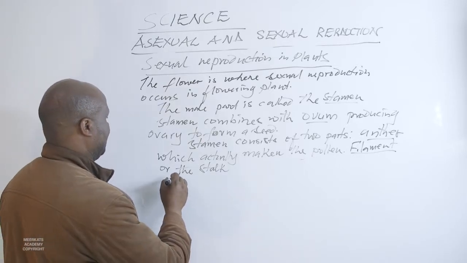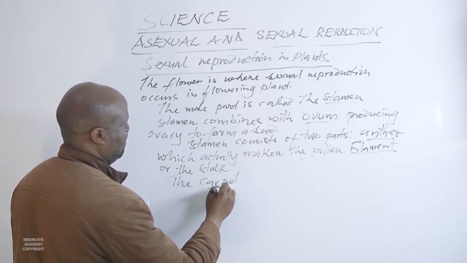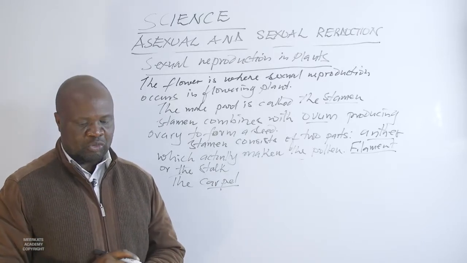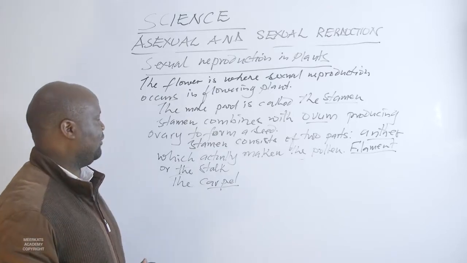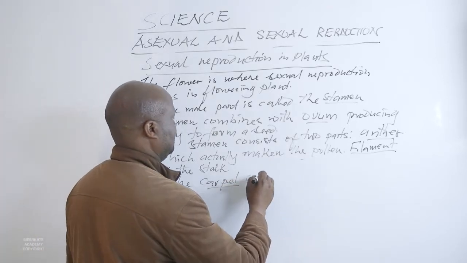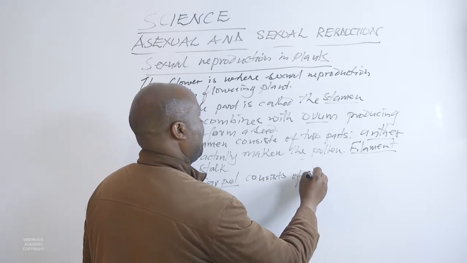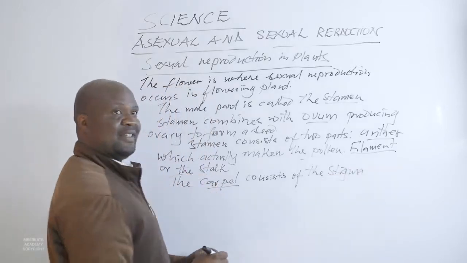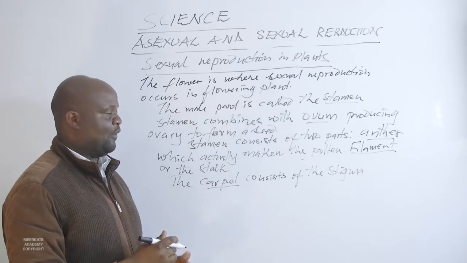Now we have the other part called the carpel. The carpel consists of the stigma, the style, and the ovaries. This is the female part of the flowering plant.